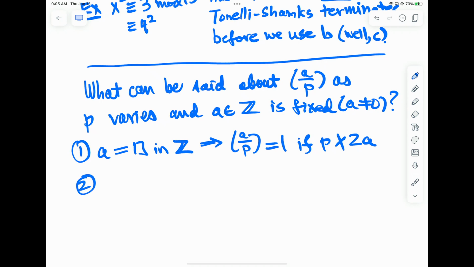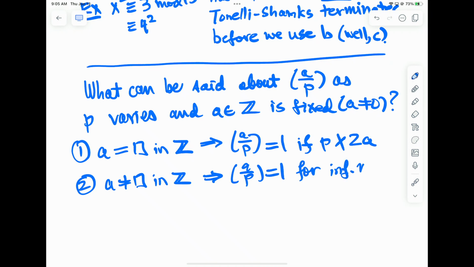So essentially always 1 if A is a square. Now, if A is not a square, it will be a square mod P infinitely often. A on P will be 1 for infinitely many P. One way to think about that is that there's a quite general theorem about how often polynomials vanish mod primes.